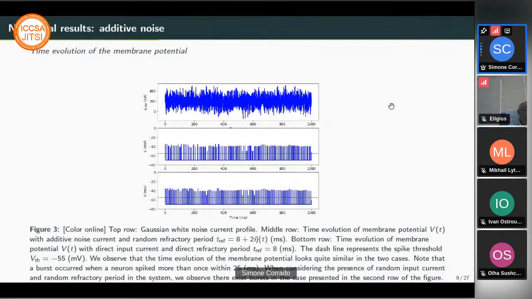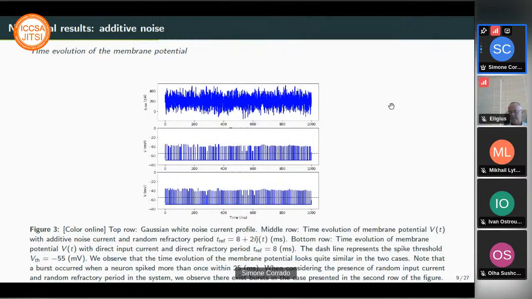So Gaussian noise is at the top picture, and then you will see the time evolution of the membrane potential. In the first few slides, you will see results with respect to additive noise. The middle figure is with respect to additive noise current and random refractory period, as I mentioned before. Whereas the bottom is direct input current and direct refractory period.